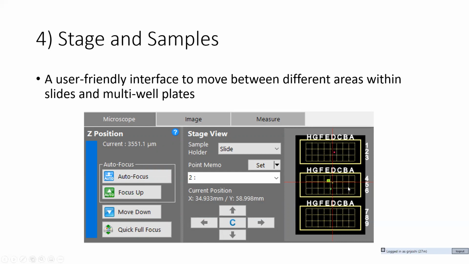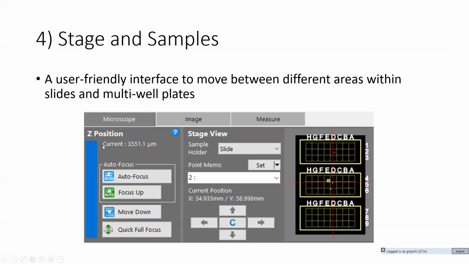You can simply click anywhere you want on the template, and your XY focus area will directly go over there. You can also move a tiny bit by clicking these arrows, or you can slide manually on the screen itself and move slowly.